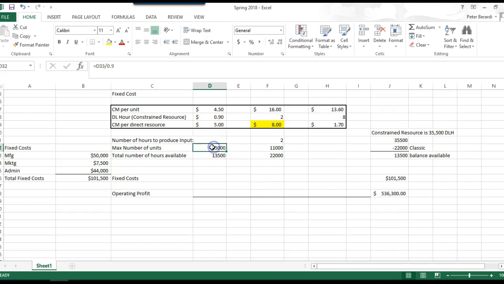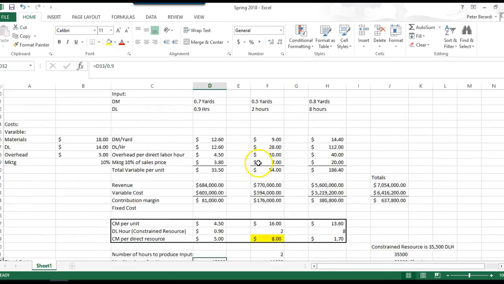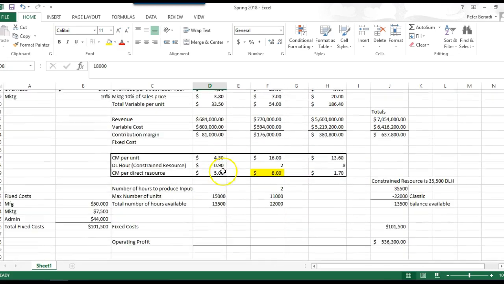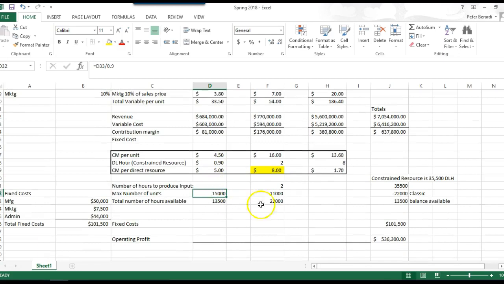That'll give us the answer to the maximum number of units we can produce of basic, 15,000. Our max is 18,000, but our constraint limits us to 15,000 units.